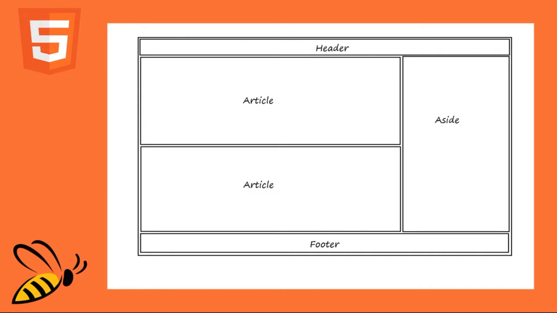Not only in a grid, you can think practically: in the header section only the logo and navigation are present, meaning home, contact, about us, services. Only those things are in the header section.